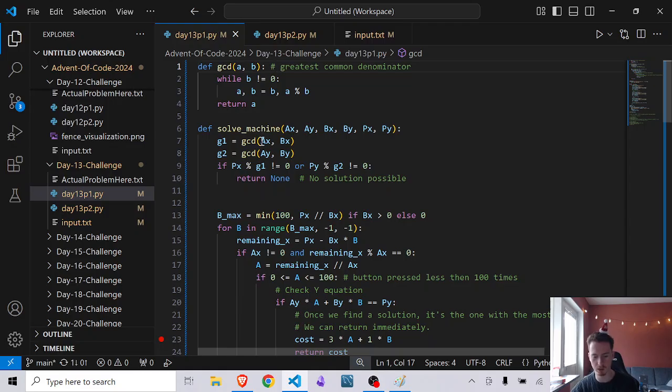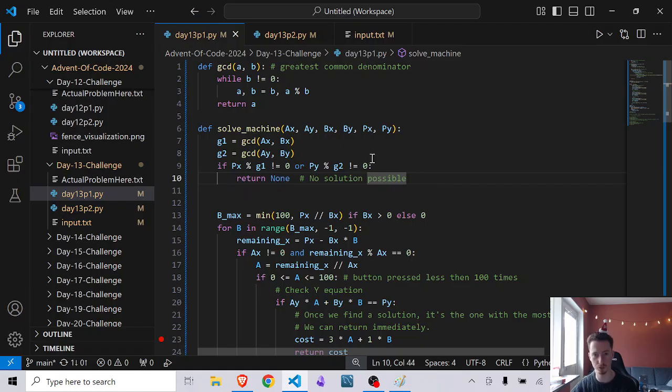And why do we need this? Well, we want to know what the greatest common denominator of these two numbers are. And if somehow the result is not even, we can't divide the result evenly by this number, then it means that there is no solution. So if the button press in the x direction from A is 10 and from B it's 100, and the answer has to be 1002, then it's impossible to get that 2 tiny step without making this a fraction or a float.